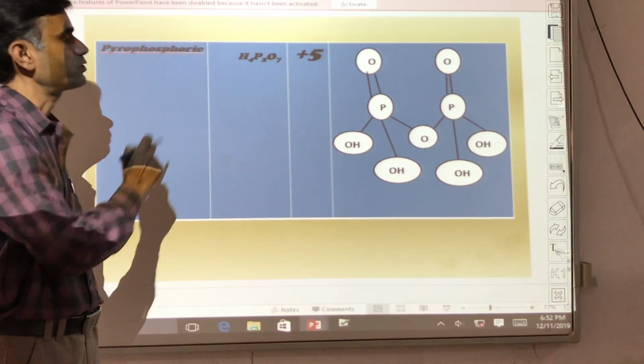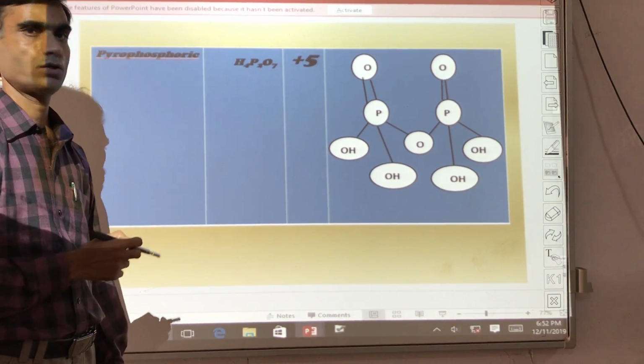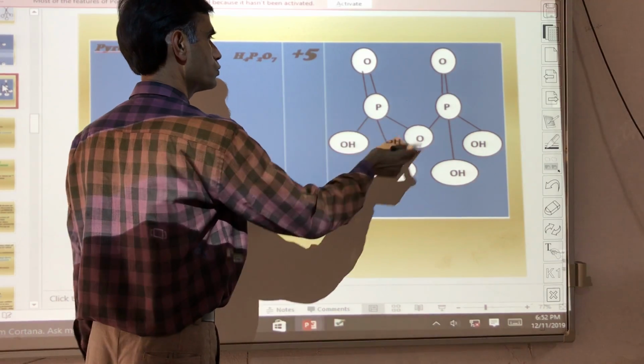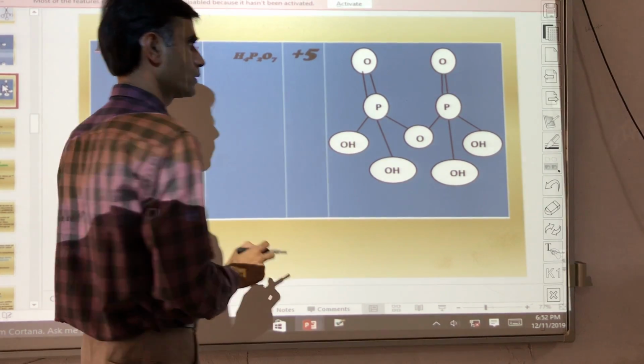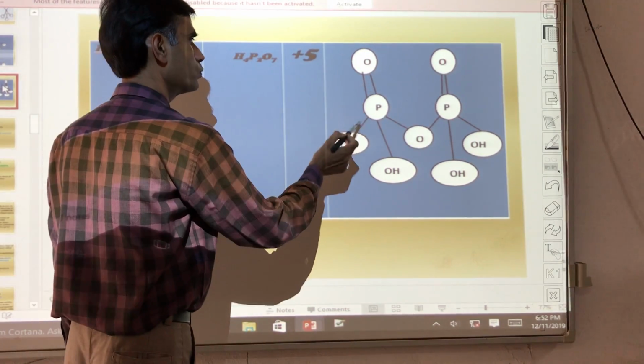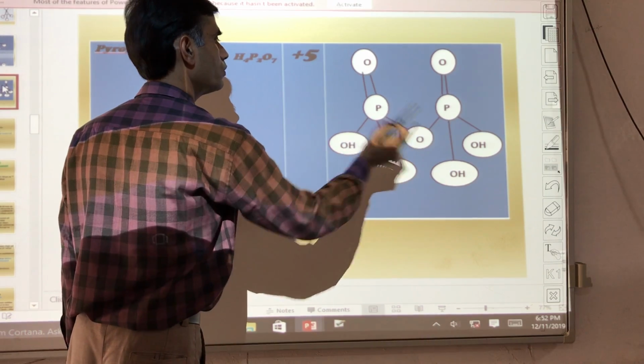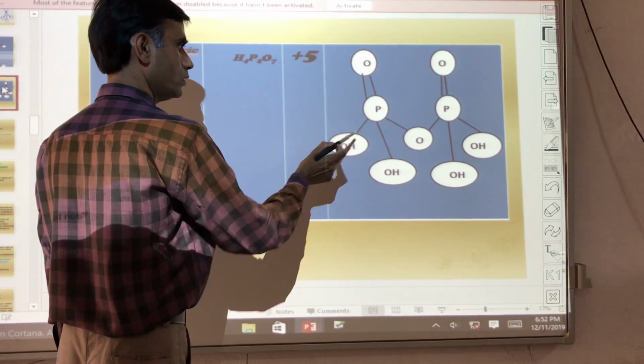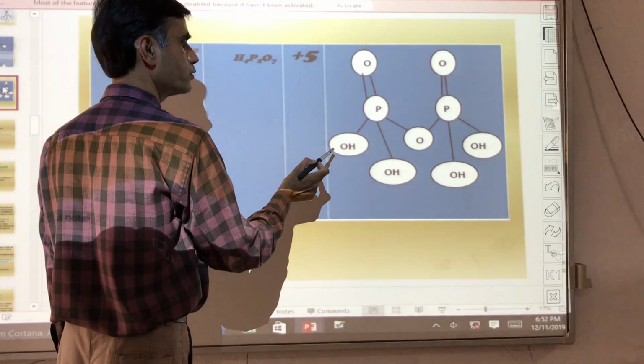One more oxo acid is H4P2O7, whose structure is often asked in CBSE. Here we attach 2 phosphorus atoms to one single oxygen. Valency of phosphorus remains 5, 1, 2, 3, 4, 5, and oxygen valency 1, 2. Here also the remaining bonds will be with OH and hydrogen.